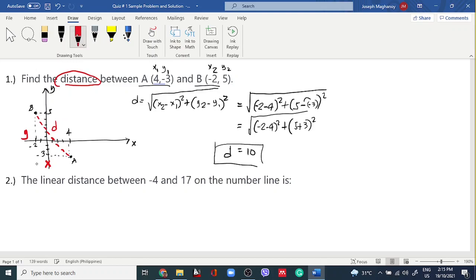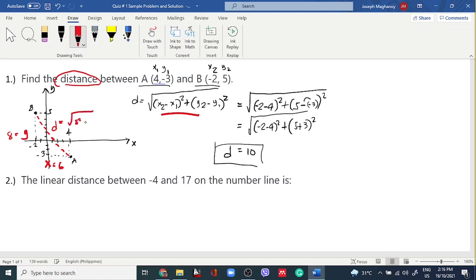In the Pythagorean approach, we can say that this is 1, 2, 3, 4, 5, 6. So this is 6 linear distance. How about for this one? 1, 2, 3, 4, 5, 6, 7, 8. So this is 8. If we apply the Pythagorean theorem, it is almost the same as the distance formula.